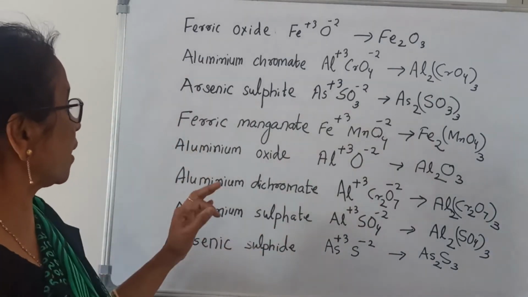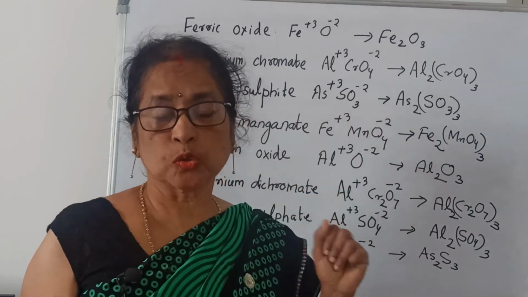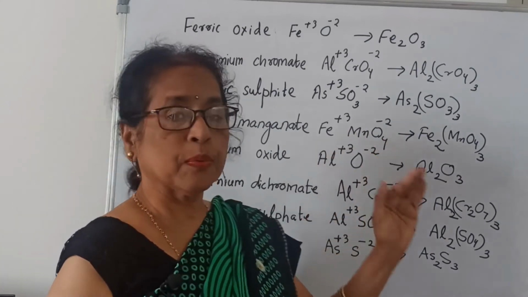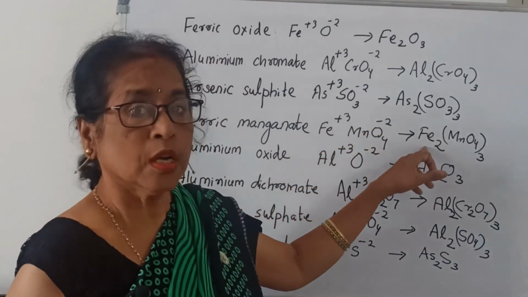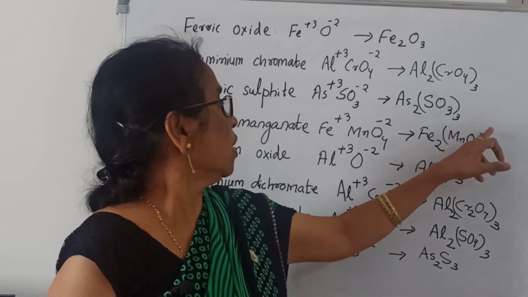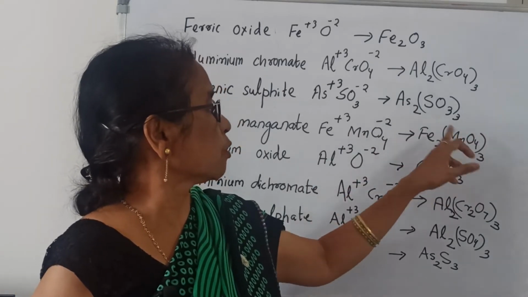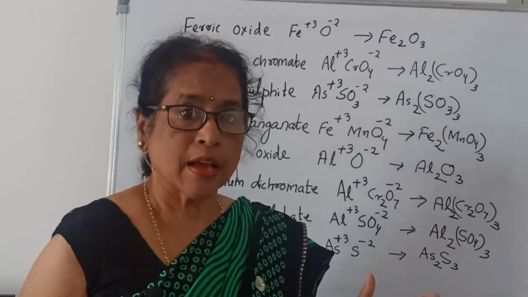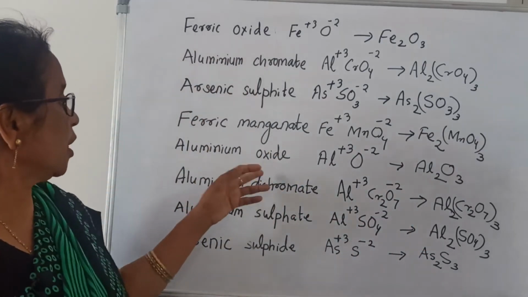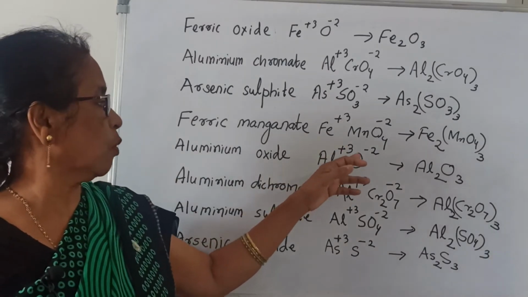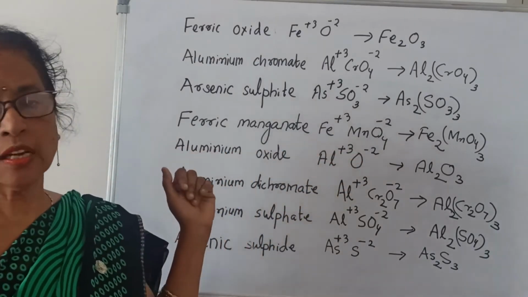Ferric manganate: manganate MnO4 minus 2, permanganate MnO4 minus 1, so it is Fe plus 3, MnO4 minus 2. So what is the formula? Here 2 comes here and 3 comes here, so Fe2(MnO4)3.